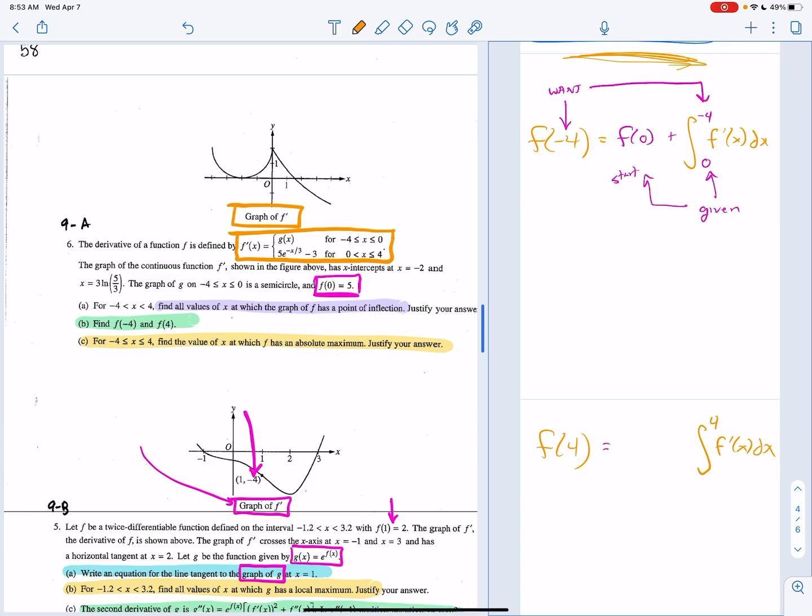What I'm given is still 0, so I have to consider what I start with, which is f of 0. Not that bad, right? Again, this is accumulation. You have to consider where you started and how much you have accumulated. Okay, how do we actually do the problem? I'm going to erase this here so we have a little bit of space. Each problem is going to be dealt with differently because of what you're given.